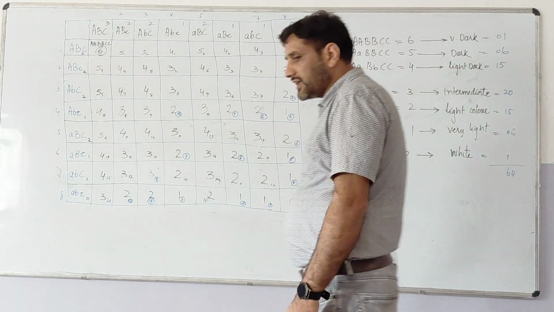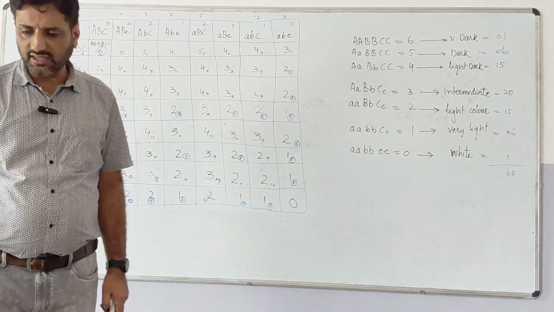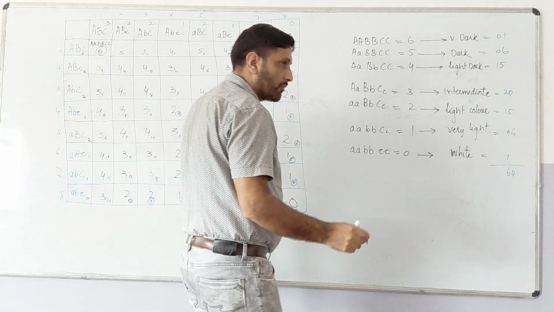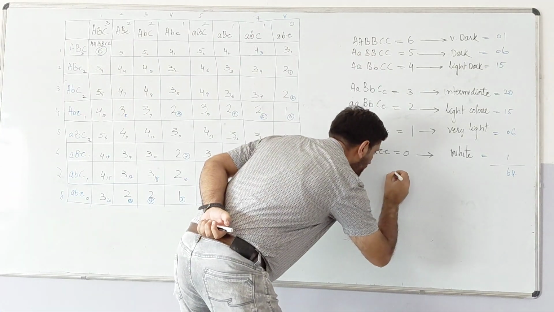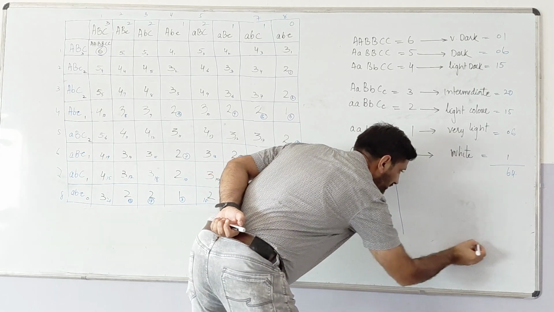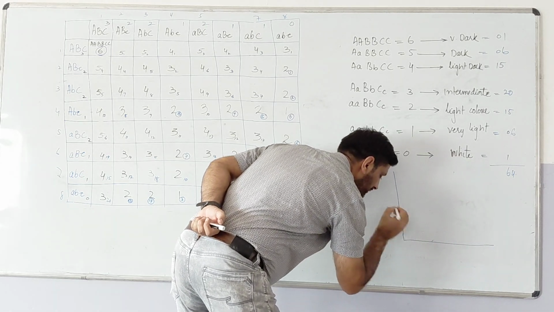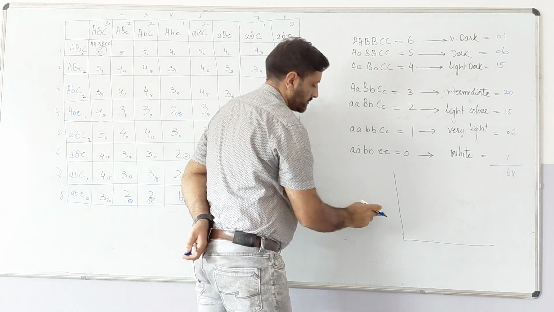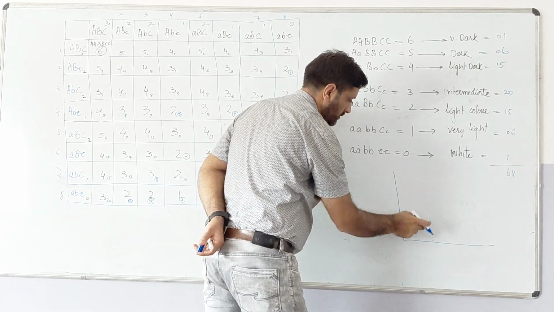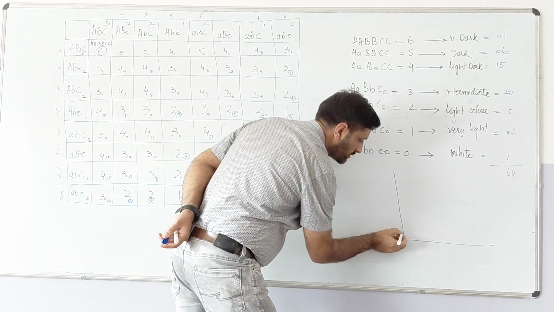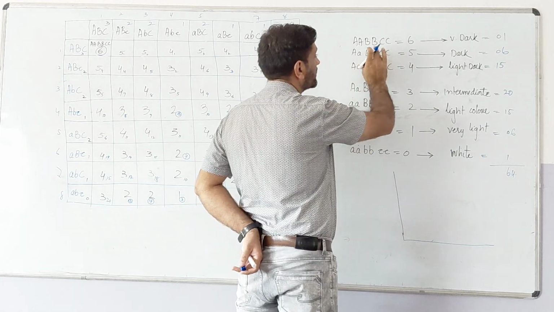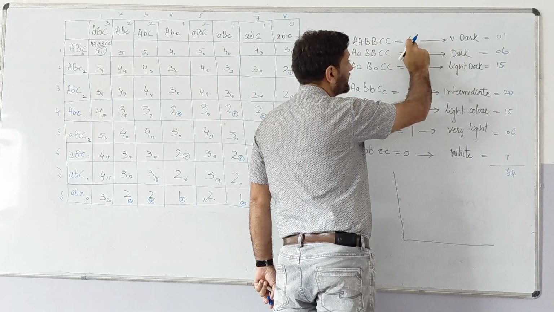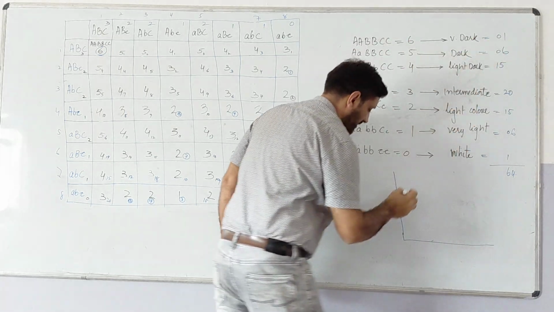So, if we take a graph of this, we will be having a graph like a parabola. Here is the number of dominant alleles. So if we see this, the individual with 6 dominant alleles is only 1.